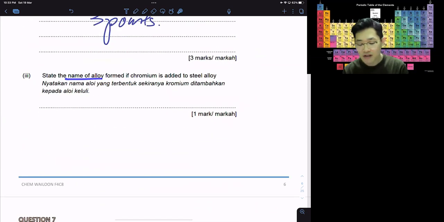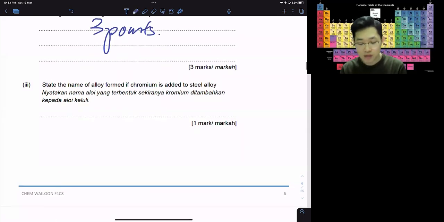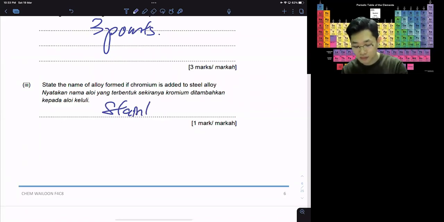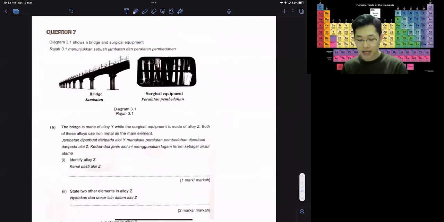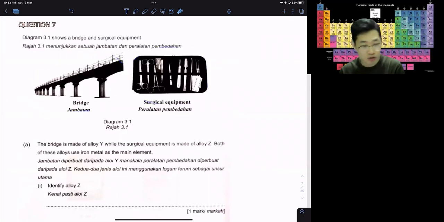State the name of the alloy formed when chromium is added into the steel: stainless steel. Good. Next, a bridge and surgical equipment. The bridge is made up of alloy Y, while the surgical equipment is made of alloy Z. Both of these alloys use iron metal as the main element.